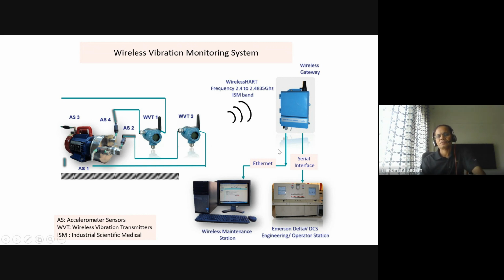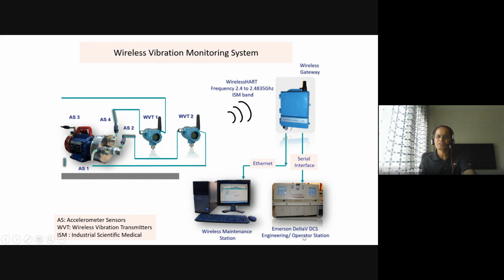This is a gateway, and from this gateway these signals then go through wire, and even today wireless also, to the DCS. You can connect through Ethernet to the existing PC or laptop, or you can connect serially or through Ethernet to the DCS.